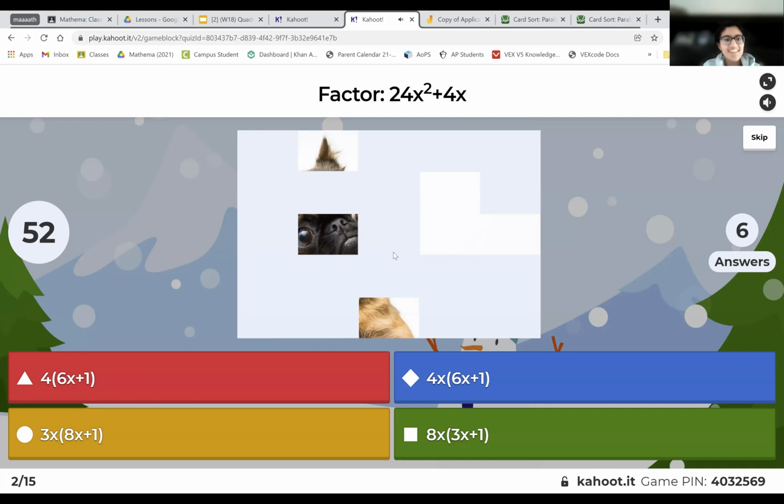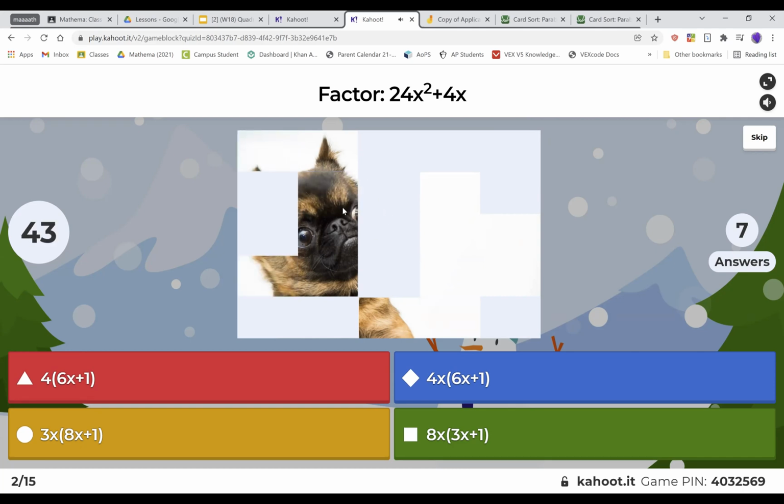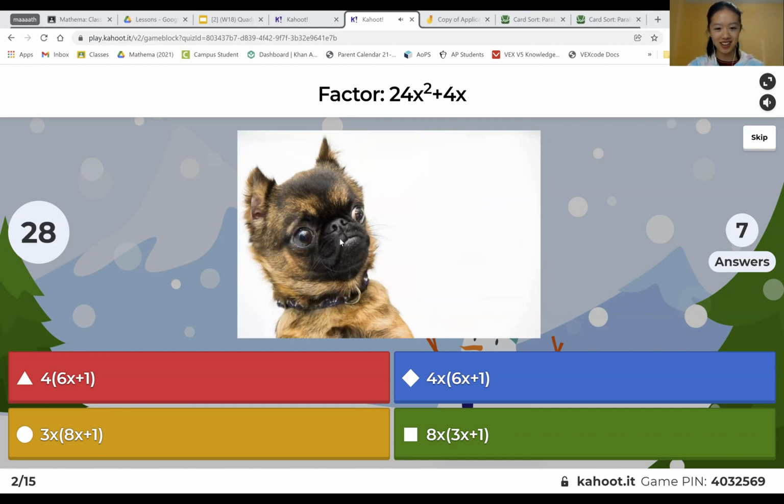I can only see the nose, the eye. Wait, can other people see? I can see just fine. It might be your internet connection then. What is this dog? It looks like a half llama, half dog.